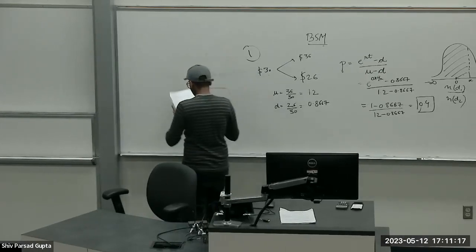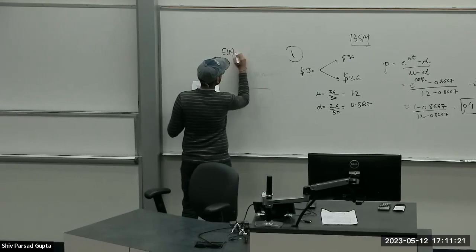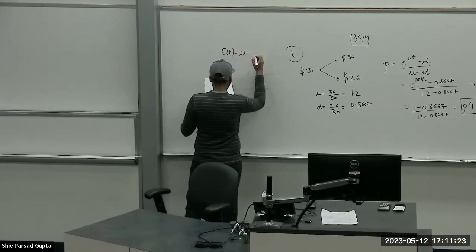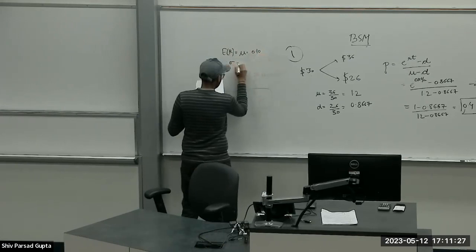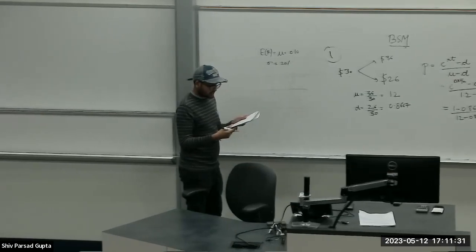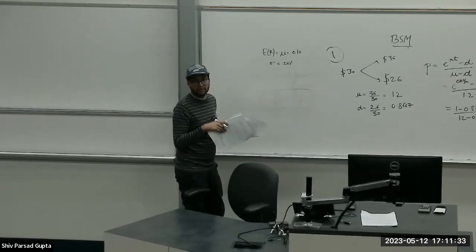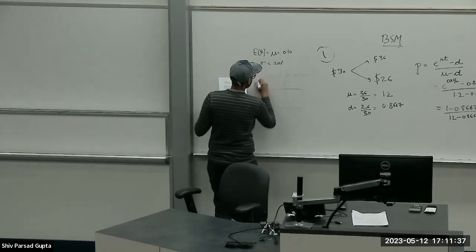So we have been given the expected return, mu, equal to 0.10, 10%, and we have been given volatility equal to 20%. Right? So we have been asked what is the expected value of the continuously compounded return in 1 year. So you guys can just use this formula.